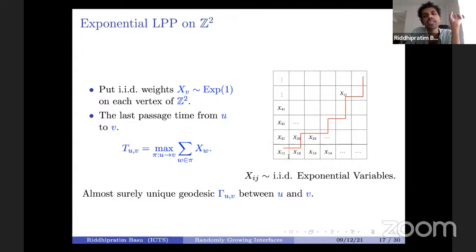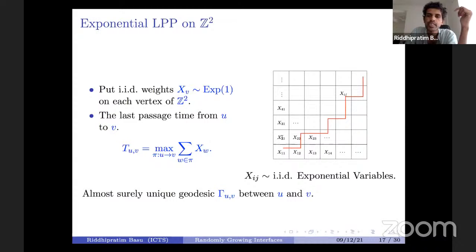You should think of these random variables as the time you have to wait before that particular corner is flipped. So you have this x11. After waiting x11 amount of time, you flip this corner, so you mark this cell as occupied. And then you have these two corners.